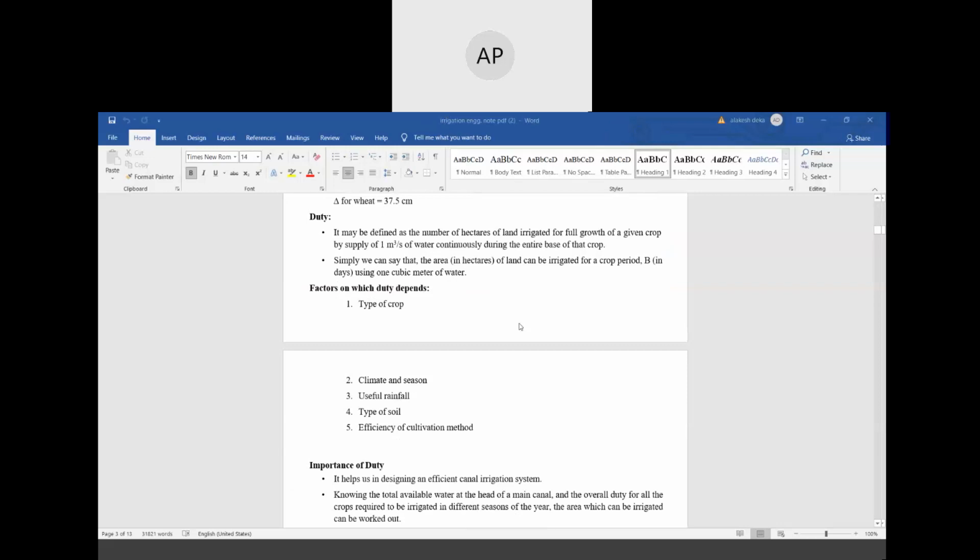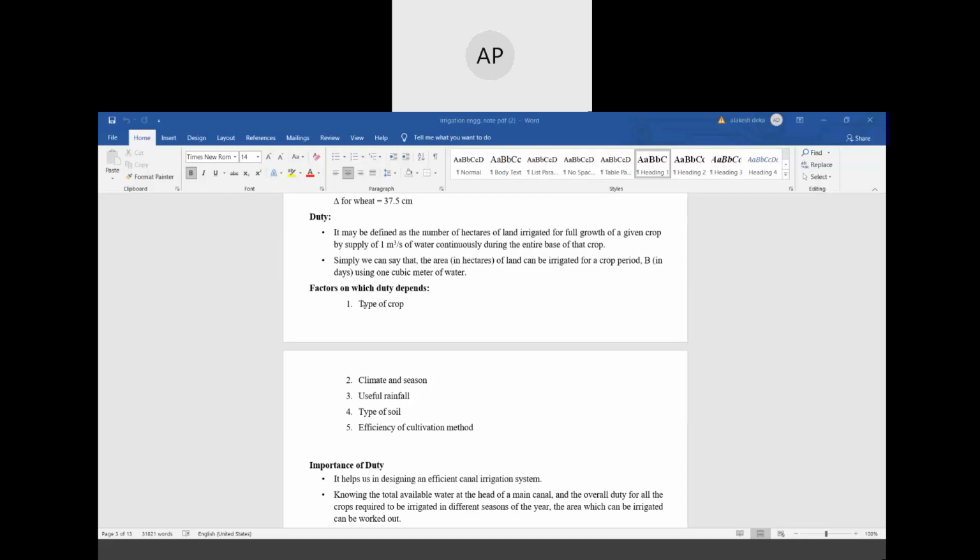Duty may be defined as the number of hectares of land irrigated for full growth of a given crop by supply of 1 meter cube per second of water continuously during the entire base period of that crop. Simply we can say that it is the area of land that can be irrigated for a crop period B in days using a cubic meter.